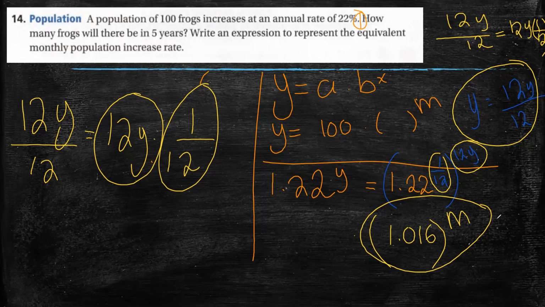Ah, okay. You will get 1.016. This one will be now my growth factor. So when I rewrite this expression, I will say y equals 100 times 1.016.